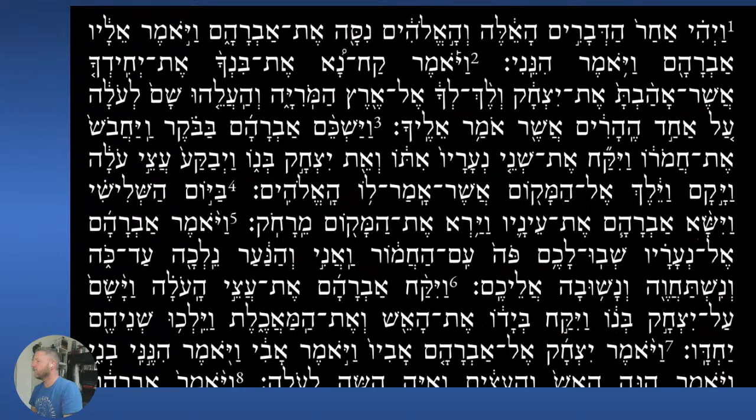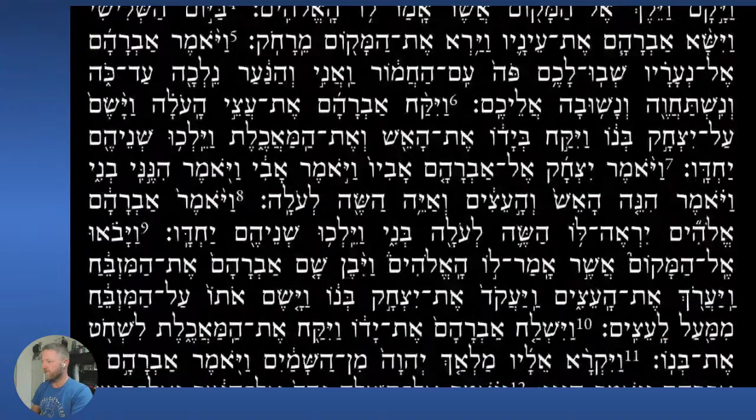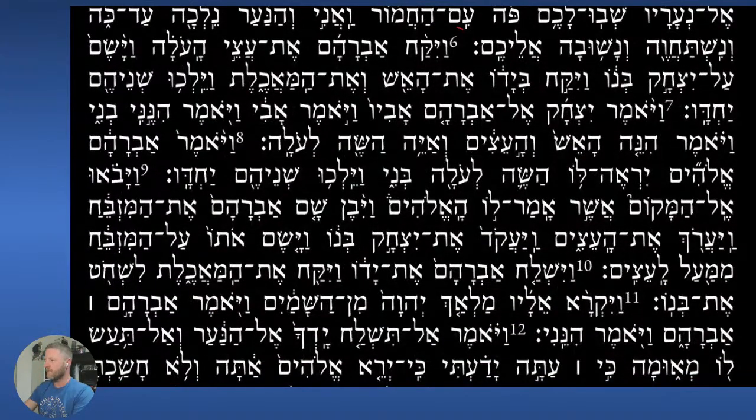I'm on verse 6. Vayikach Avraham et atzei ha'olah. Abraham took the wood of the offering, the whole burnt offering. Vayasem al Yitzchak beno, and he put them on Isaac, his son.